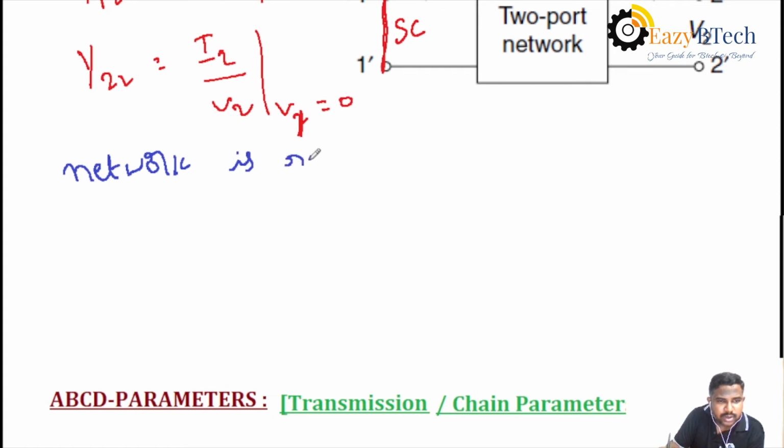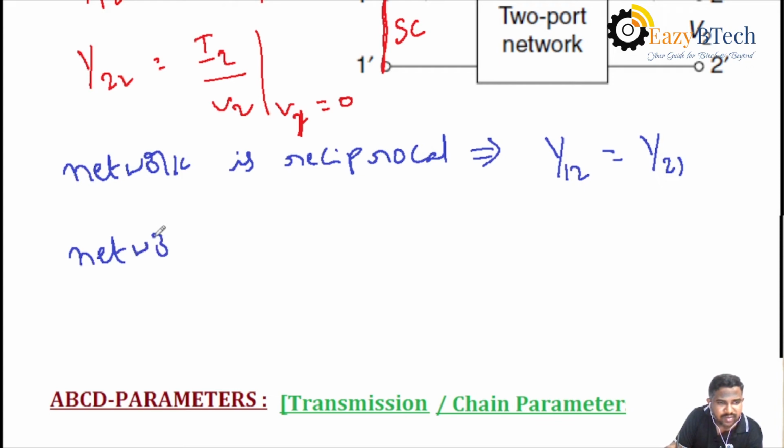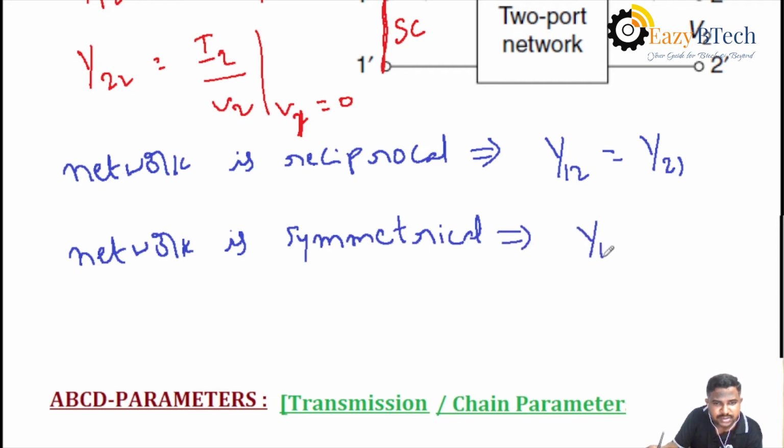The given network is reciprocal when the condition is nothing but Y12 equal to Y21, and the second condition, the given network is symmetrical, when the condition is Y11 equal to Y22.